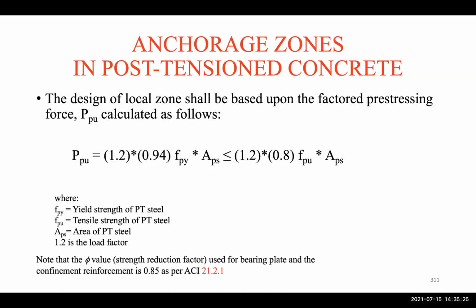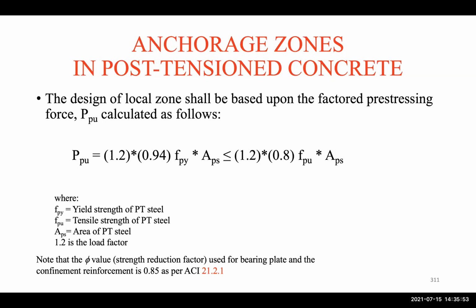So for the design, according to ACI, the force that we need to design for here at the end, which will create compression and tension, is P sub PU, which is given by this equation. It's a function of the yield strength of the strands, of APS, the area of the strands, and of course we have different factors.